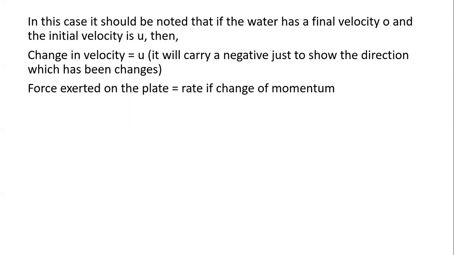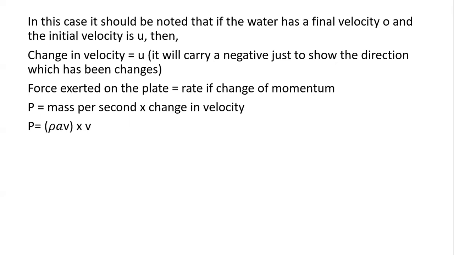We said this is equal to the rate of change in momentum, meaning mass per second times change in velocity. There we have it: mass per second, which is density times area times velocity, times that change in velocity. So mass per second, kg per second, times this, is giving us the force.